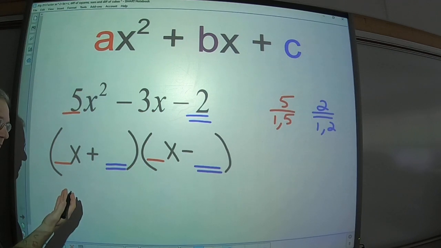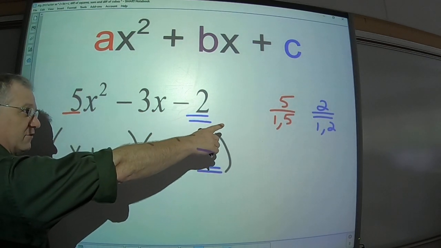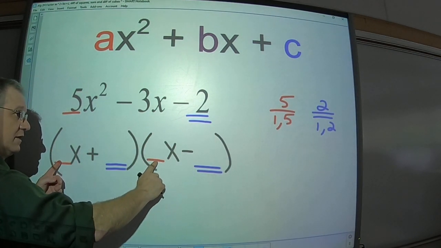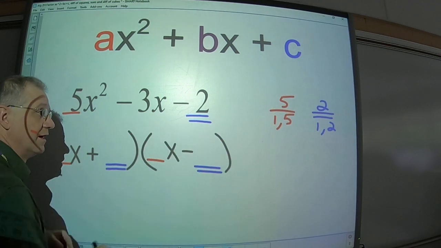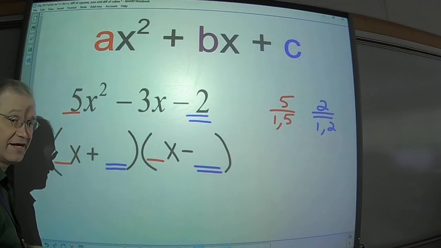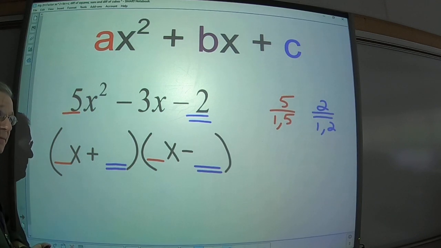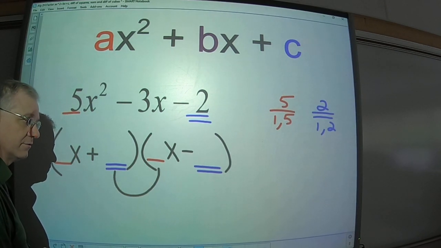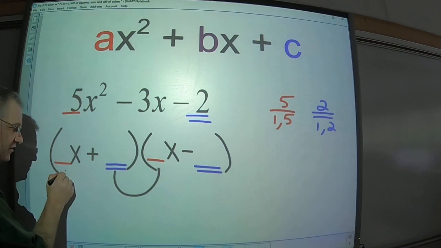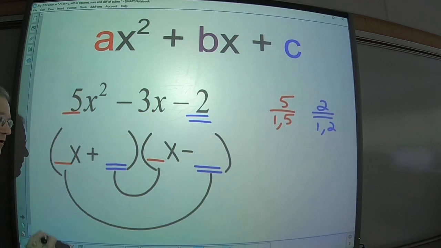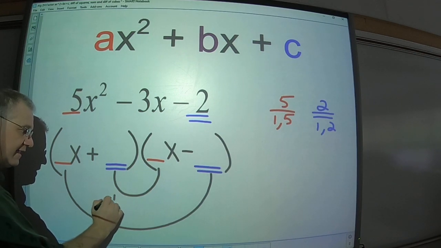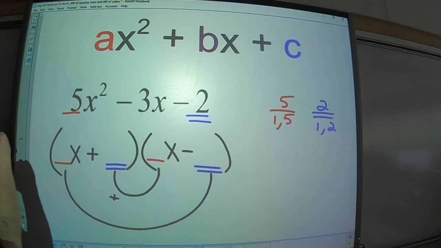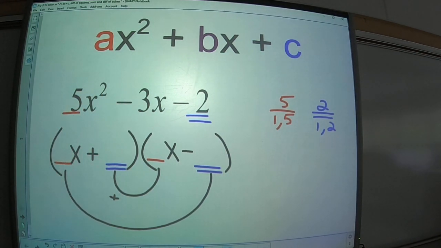To check for the middle term, as long as I put a pair from the red here and a pair from the blue here, I'm going to get my first and last term. But to get my middle term, I have to multiply these two together, get an answer, multiply these two together, get an answer, and then add them up to see if they come out to my middle term.